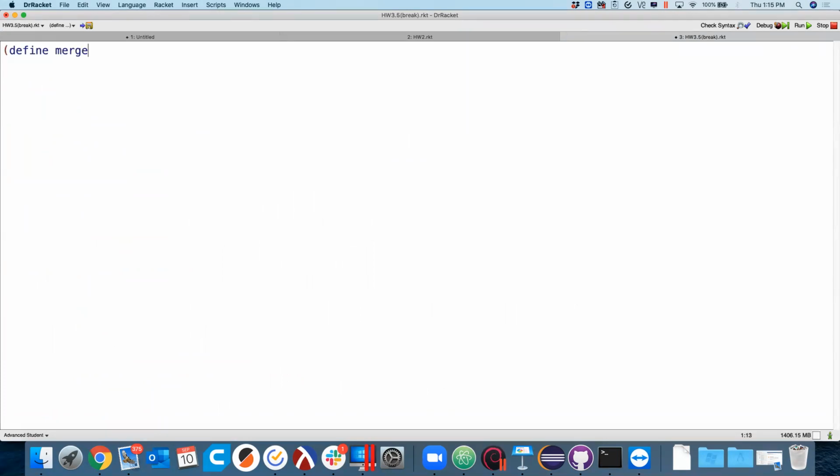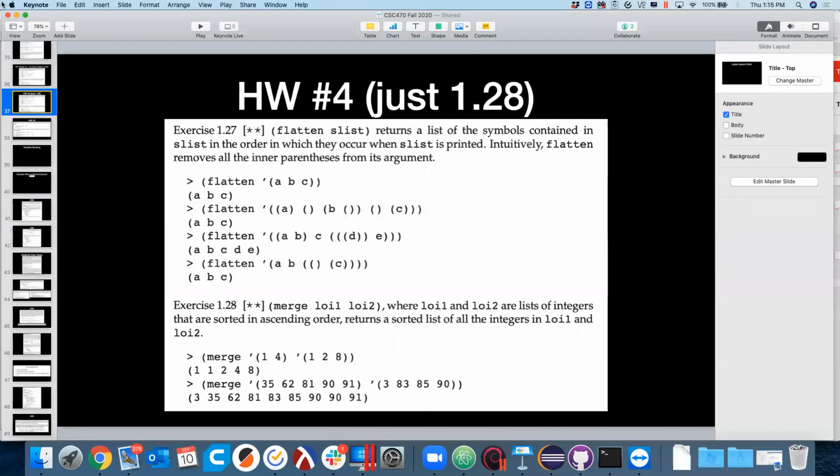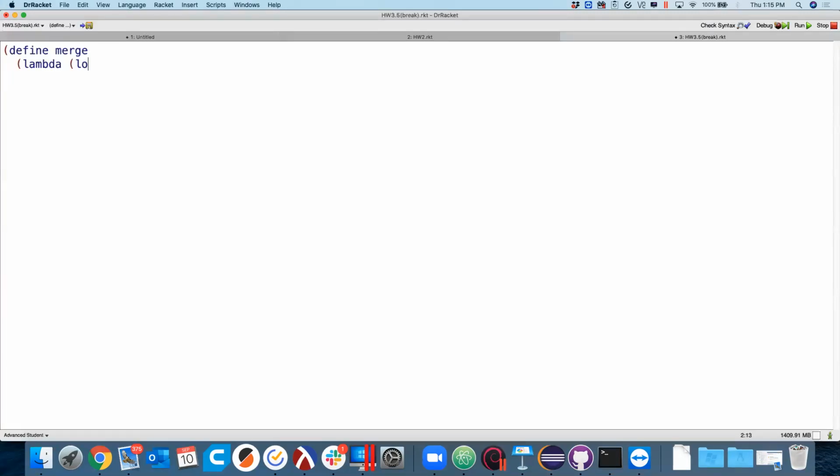So we'll define merge to be a lambda. And this is going to take in two parameters, right? Two lists of numbers, list of integers, fine, LOI1, LOI2. All right, now we're going to have a cond in here.